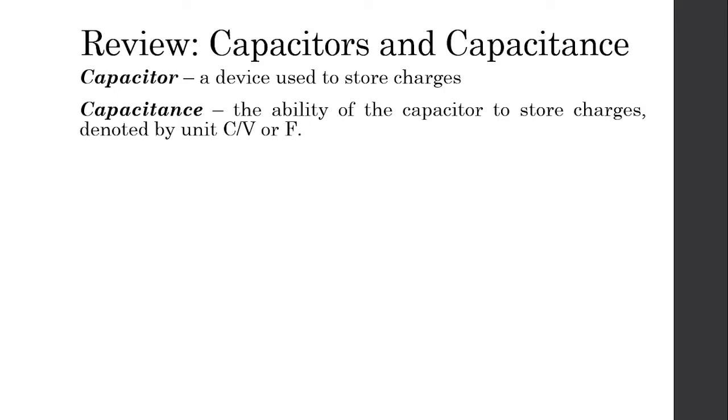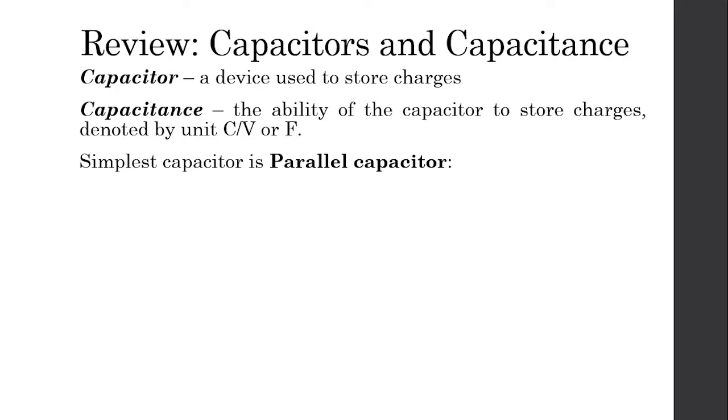And we know that capacitance is basically the ability of the capacitor to store charges, and the unit that we use to talk about capacitance is coulombs per volt, or what we call farad. That's why we use F to denote capacitance.